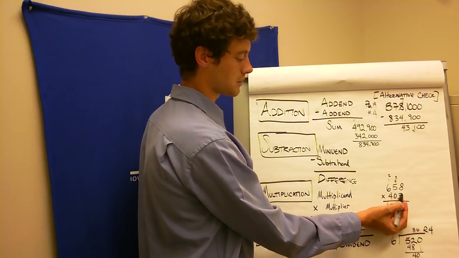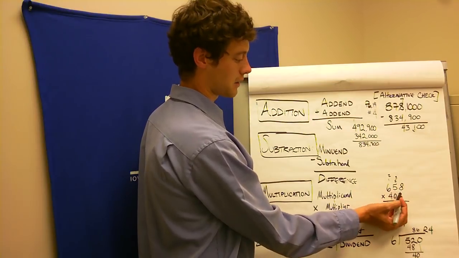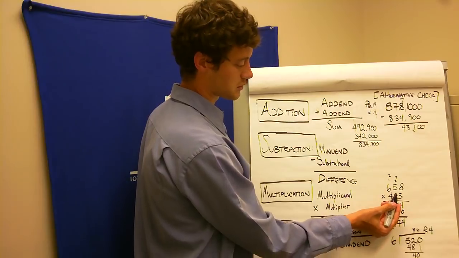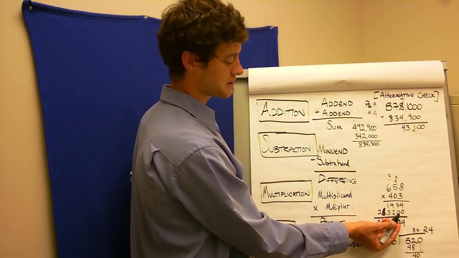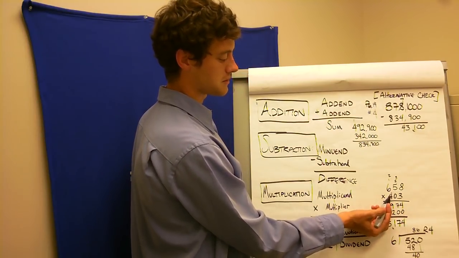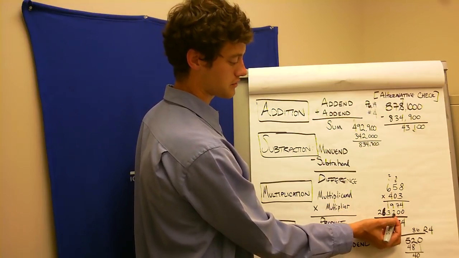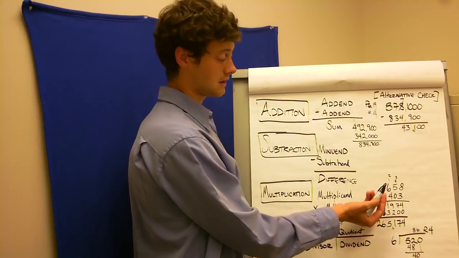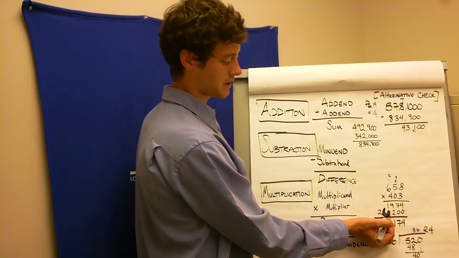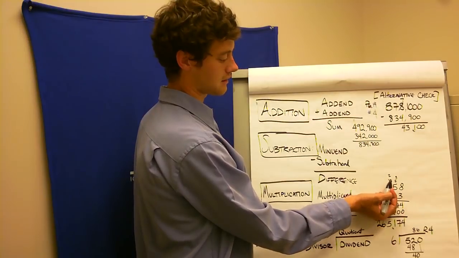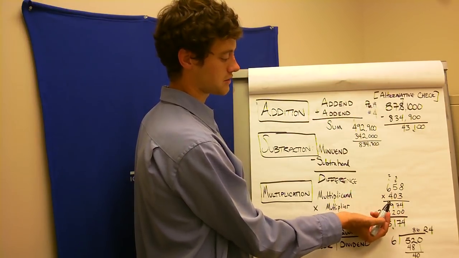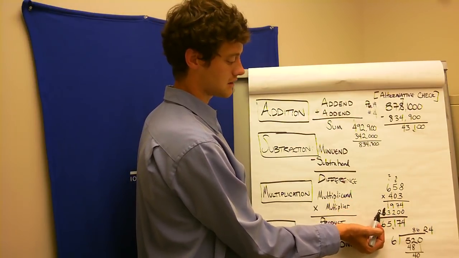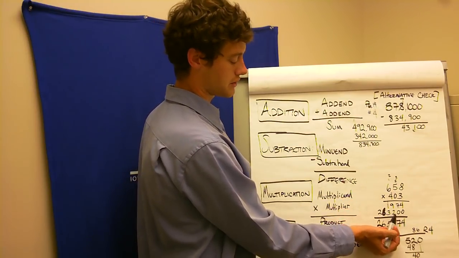Well, now we move on to the next number, so we carry our 0, and we start, oh look, it is a 0, so we're going to carry that over 2. So we just drop it down. So we now have 2 zeros, and we're going to go to the next number. So 4 times 8 is 32, so I write down my 2, and I carry my 3. 4 times 5 is 20, plus 3 is 23, so I write my 3, and I carry my 2. 4 times 6 is 24, add my 2 is 26, and I have my 26, 32, 0, 0.